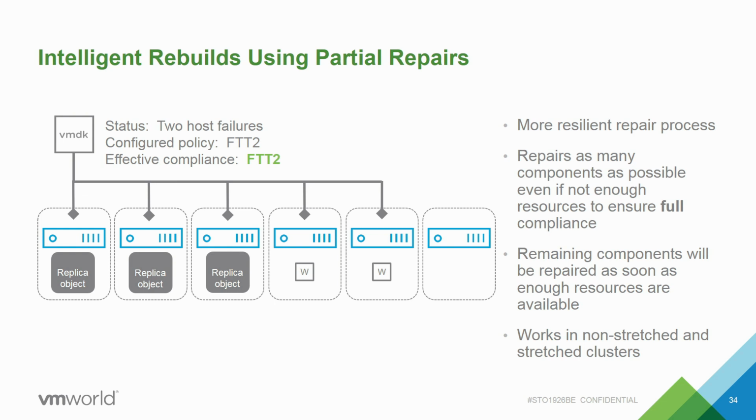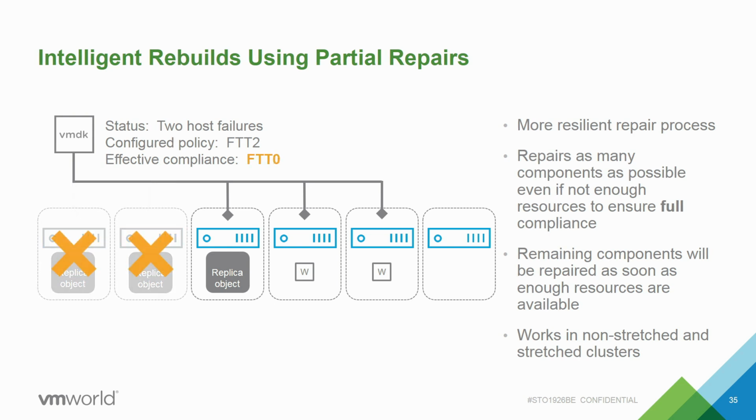So here we have a 6-node vSAN cluster. We have a policy of FTT of 2, meaning that there's 3 copies of data. It can suffer 2 failures. And of course, there's 2 witness components, because, as John mentioned, we never want to have a situation where you split brain something.